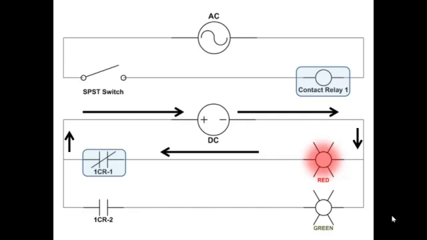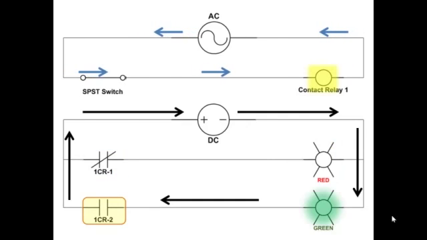We have to specify. So we wouldn't normally say contact relay 1, we would say 1CR, and then down below you have 1CR-1, 1CR-2. There's your red and green LED indicators.